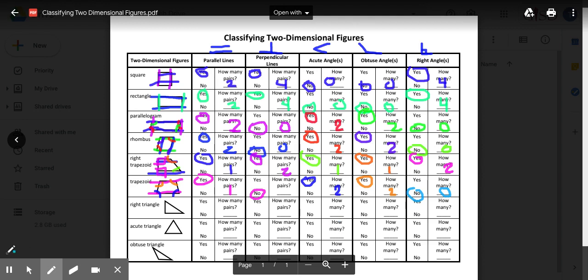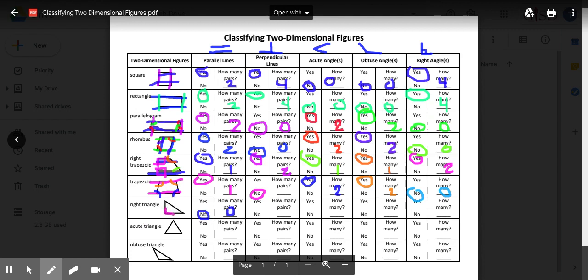The next shape we're going to look at is a right triangle. A right triangle has no parallel sides, so my answer is no and 0. It has one set of perpendicular lines because it's got a right angle right here.